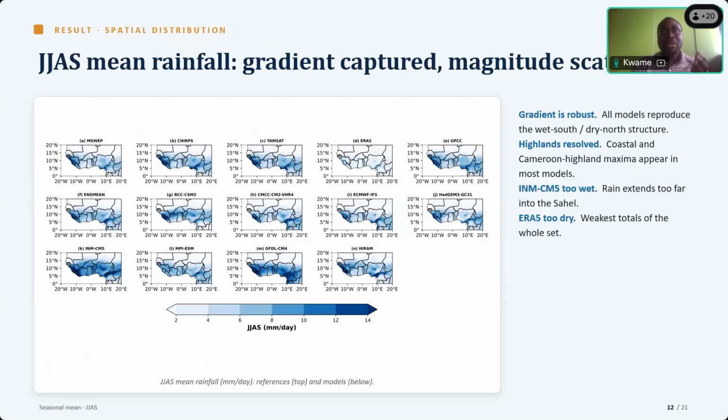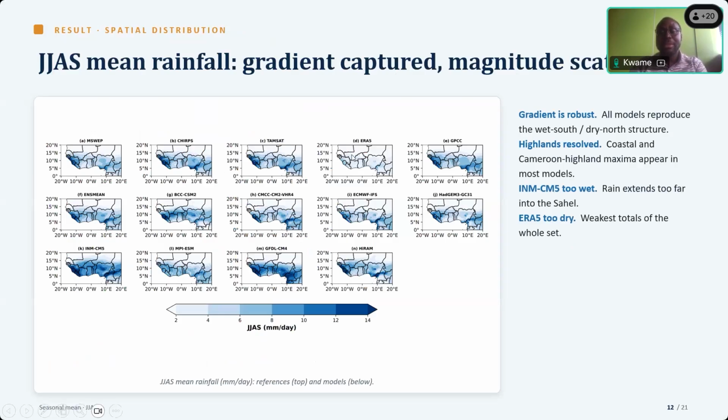Now, just as it was seen during the annual distribution, we see that the INM model, the model from Russia, still shows a wet bias, showing more rainfall over this zone, and the rainfall even extends higher into the Sahel part as compared to the other references. ERA 5 in this case still gives a dry bias when you compare the various references.